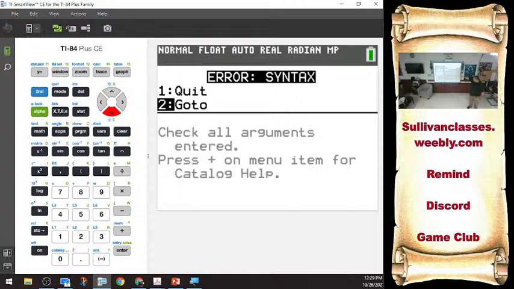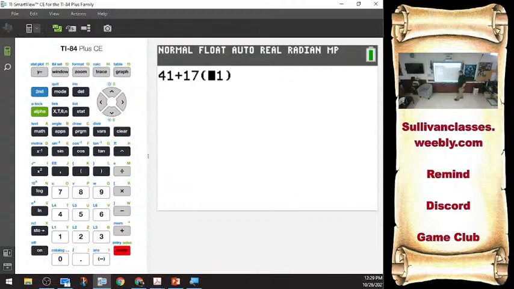The calculator is saying, yo, you typed something weird. The way that you typed it is out of order. It's messed up. So if I say go to, it'll literally go to where I screwed up and say, hey, you didn't actually hit the rest of the numbers. It's supposed to be 1 minus 1.